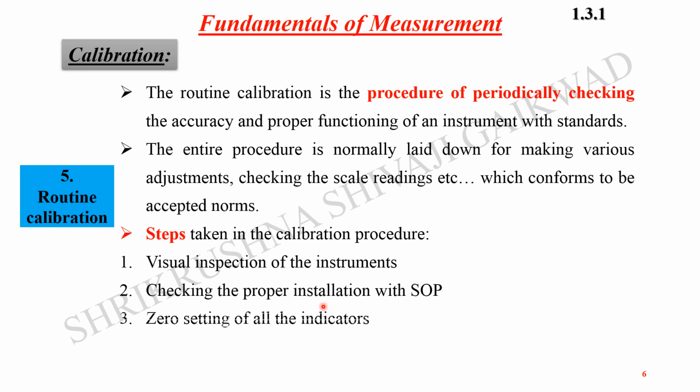Then, proper installation of the device. The zero setting of all the indicators means the pointer has to be at zero, or else if the system is just started and no input is applied, then it should give us the zero reading. So zero setting of all indicators, and leveling of the devices which require it.